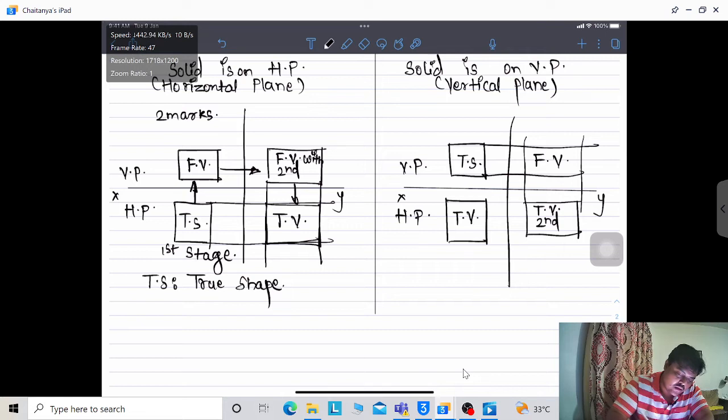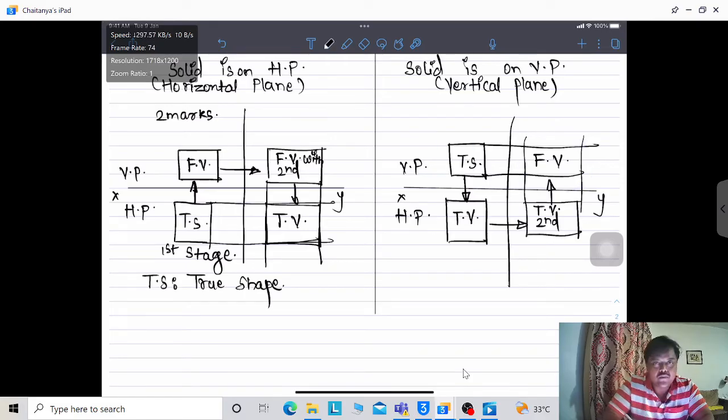Again you are going in a zigzag manner, that is true shape, after that top view, after that top view with second stage condition, and with the help of the top view, second stage projection, and the true shape projection, you are getting the front view. These are the two stages.